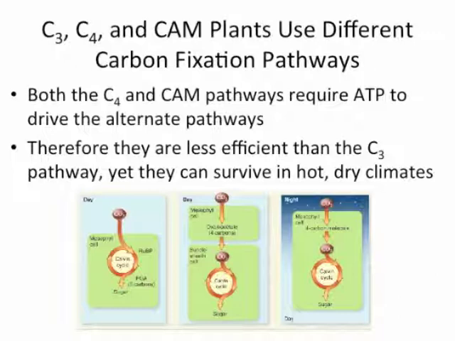Really just know the input and output for that: carbon dioxide in, energy in, ATP in, NADPH, and sugars come out. And then briefly, the only thing about the CAM and C4 plants is that they can survive in hot, dry climates, but it requires a little bit more ATP investment, so they're a little bit less efficient. Really, you can boil the whole chapter down to just those few things.